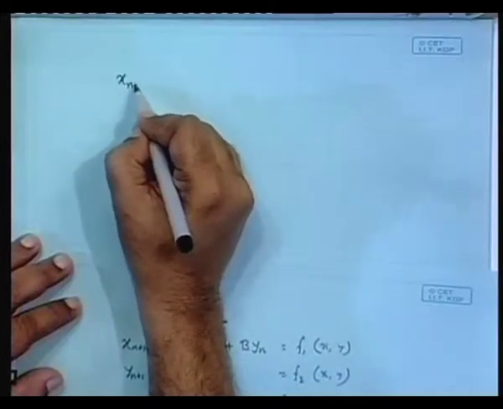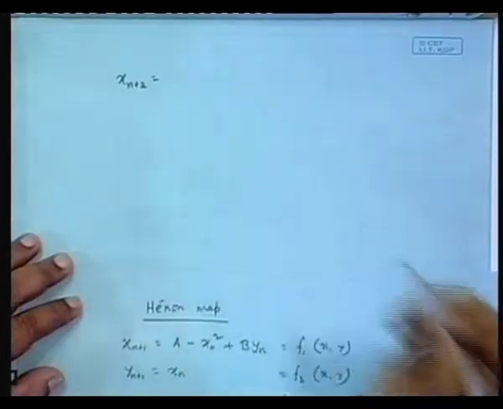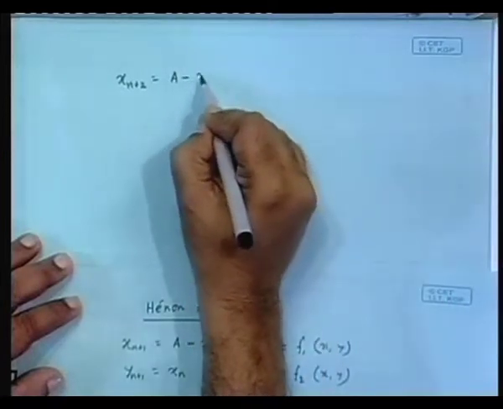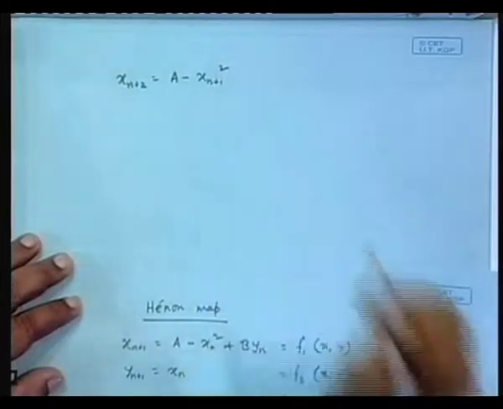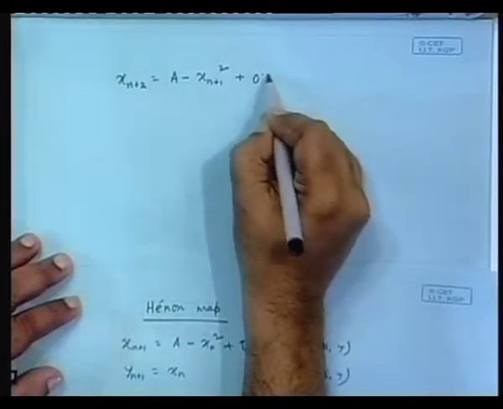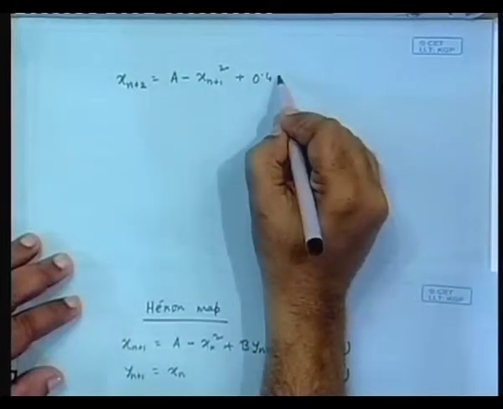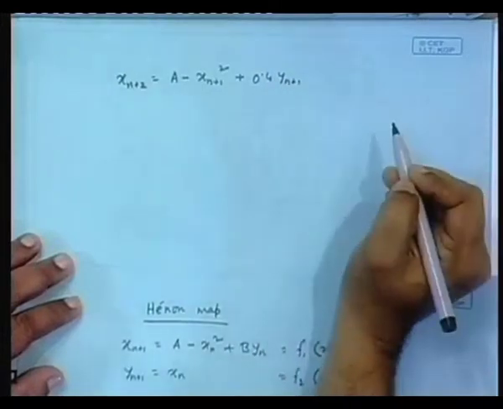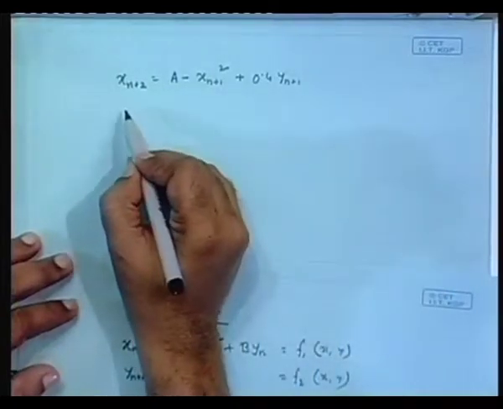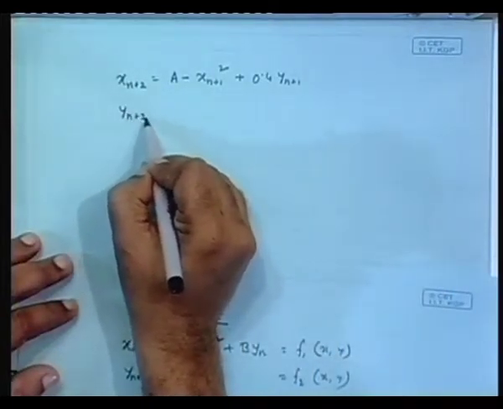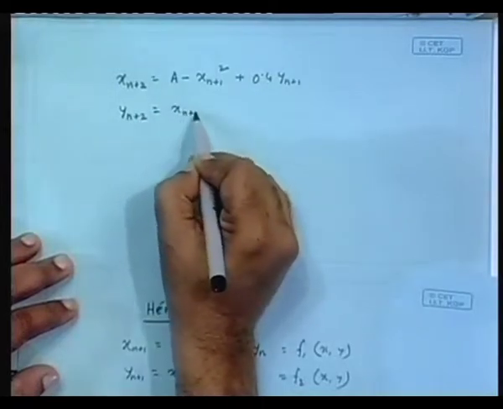So, all you need to do is to find the second iterate of the map, which would be obtained this way: x n plus 2 is equal to a minus x n plus 1 whole square plus 0.4 y n plus 1, right. Then y n plus 2 is equal to x n plus 1.